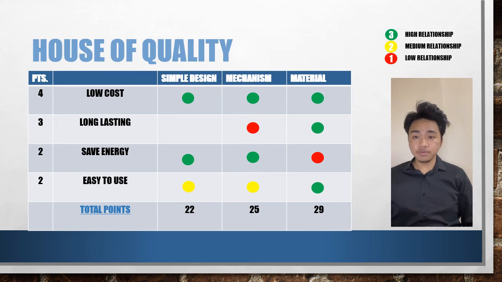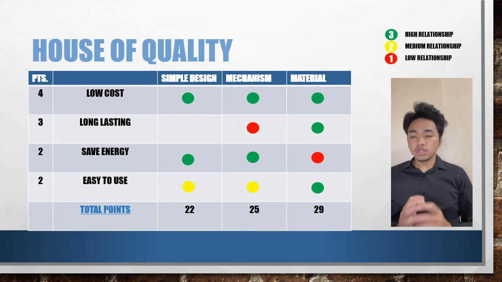For mechanism, we got low cost and save energy for high relationship, easy to use for medium relationship, and low relationship for long lasting. And for the material, we got all green circles except for save energy, which is low relationship.